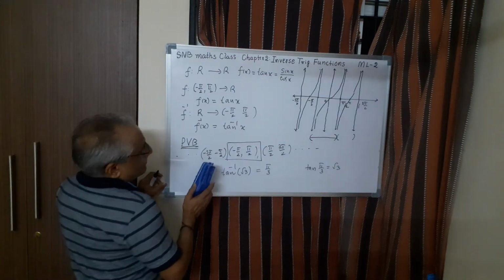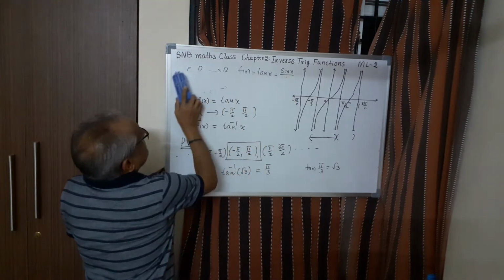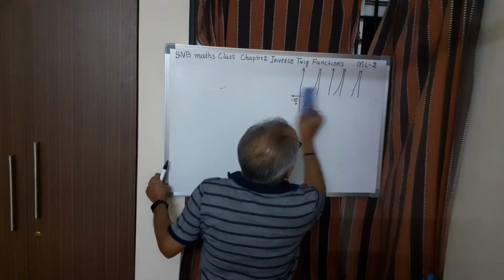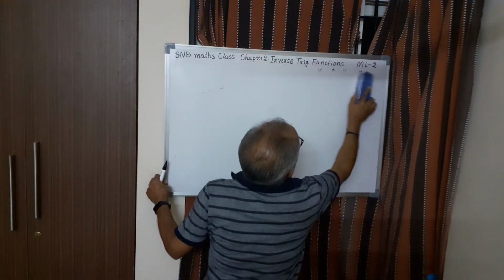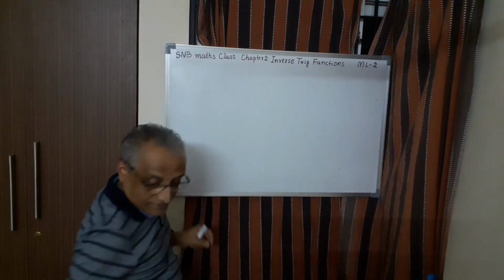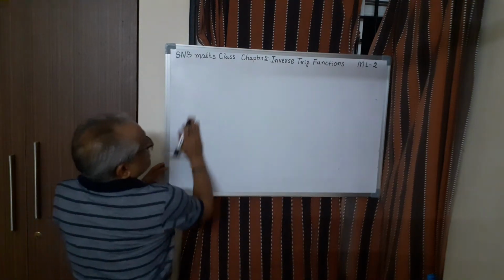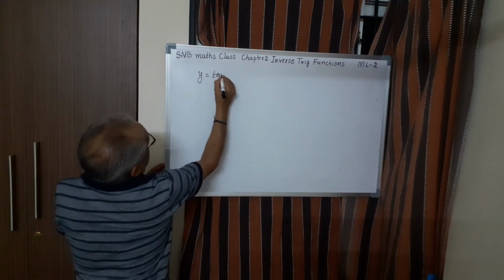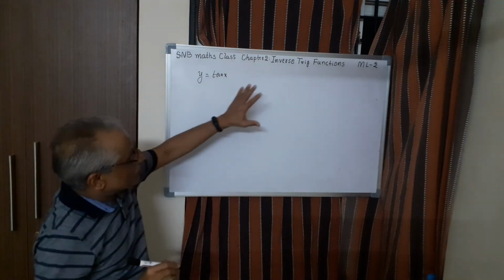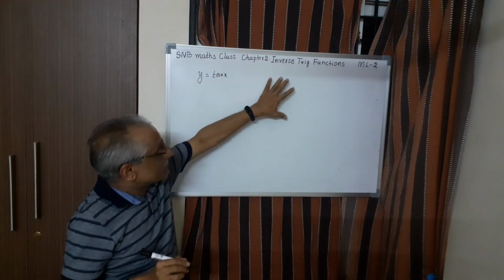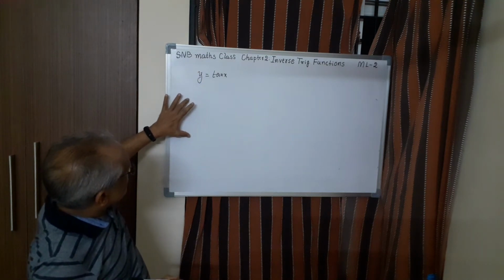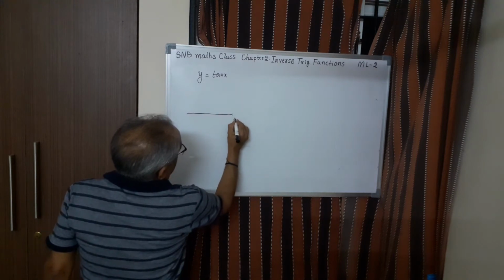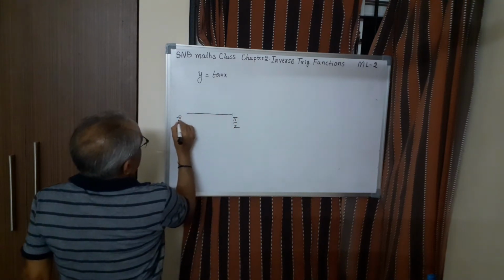Now, as before, we have to also understand the graph of the tan function. Graph of tan function is like this. I told you the trick of drawing the inverse graph for the given function. So first what you do is, let us first draw y equal to tan x graph. And we should know that since we are drawing the inverse trigonometric function, the inverse tan graph also, we should consider only the graph where it is both one-one and onto. Therefore, let me take, this is pi by 2 and minus pi by 2.